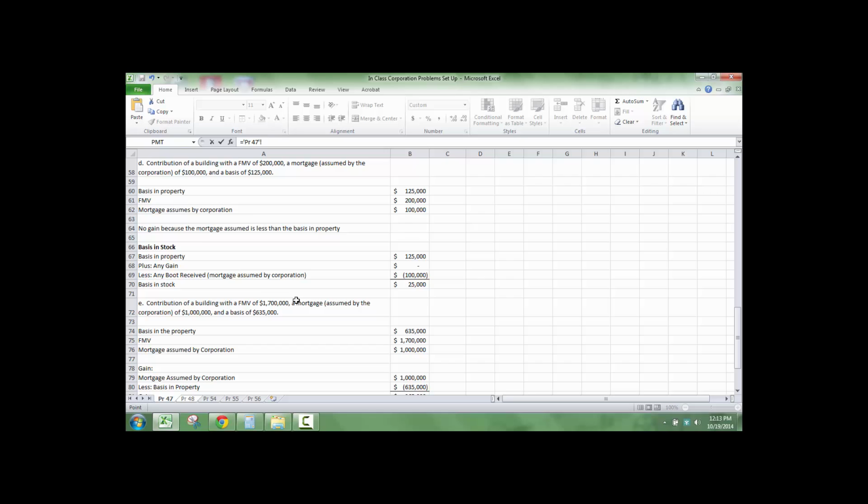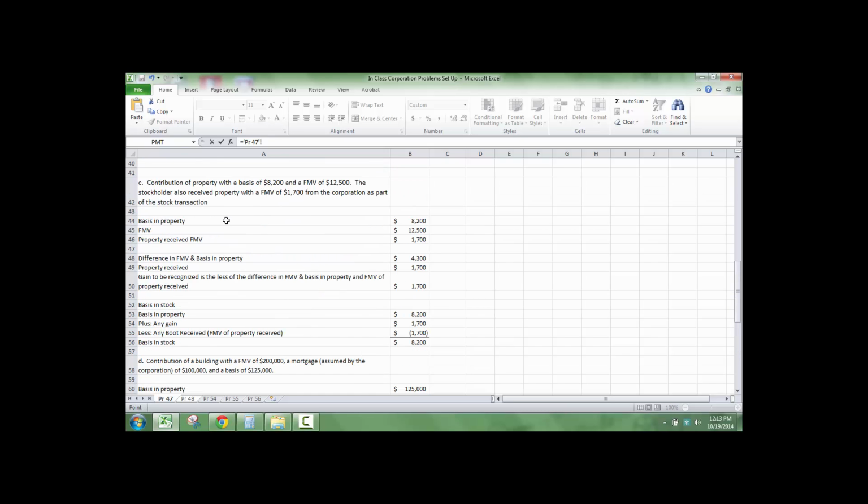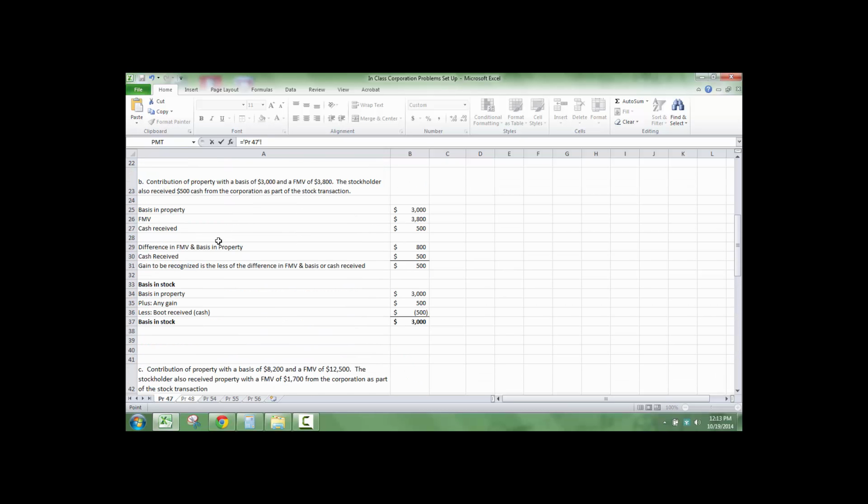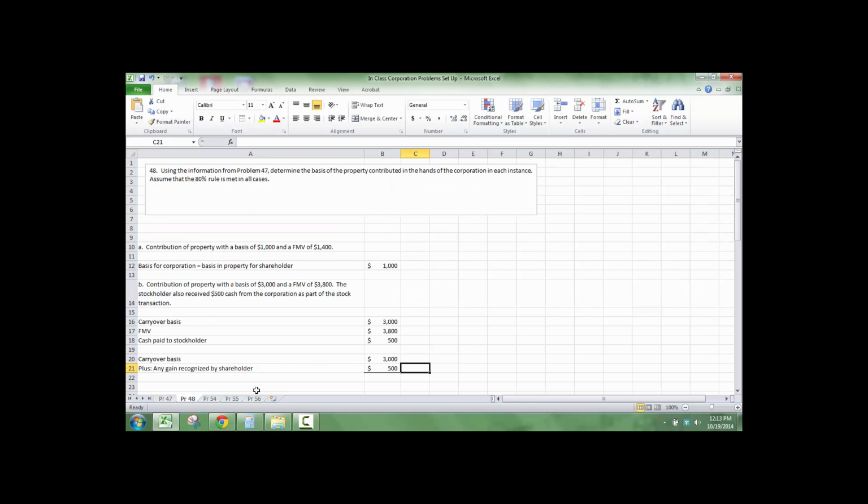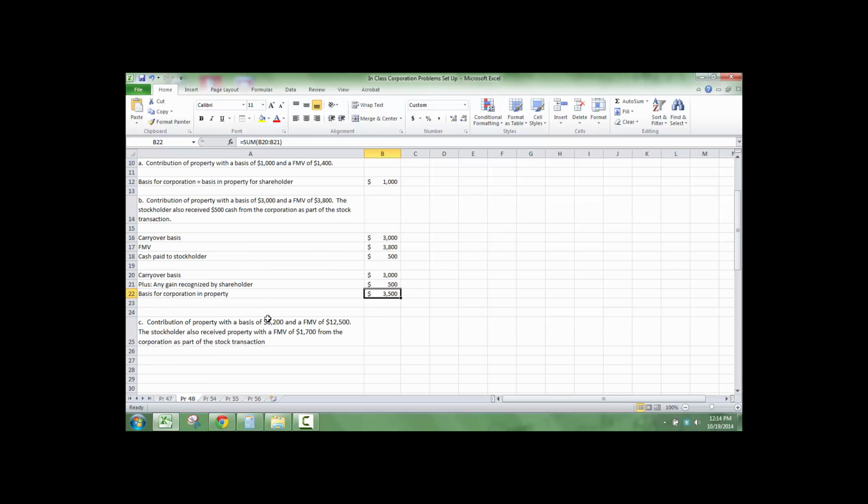And we calculated the gain in problem B, gain to be recognized. So I'm just linking this. So basis for a corporation in property equals 3,500.